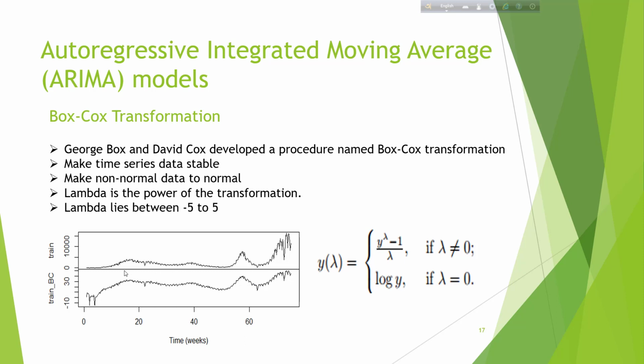The above picture shows that the data is neither smooth nor stable, but the Box-Cox transformation shows that it's smoother than the original data set.